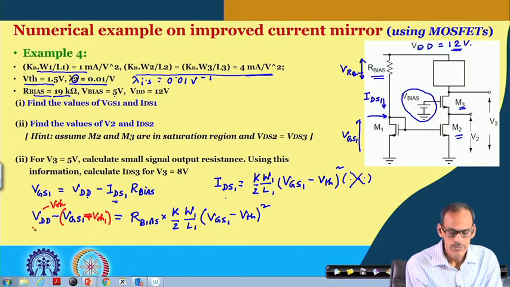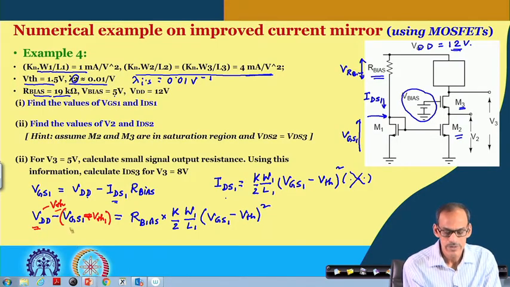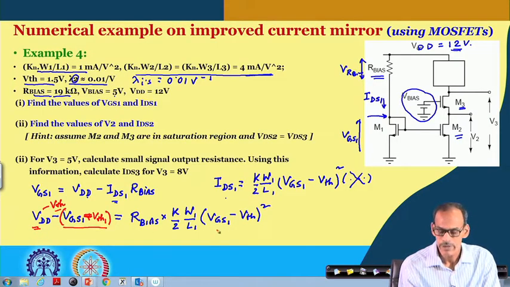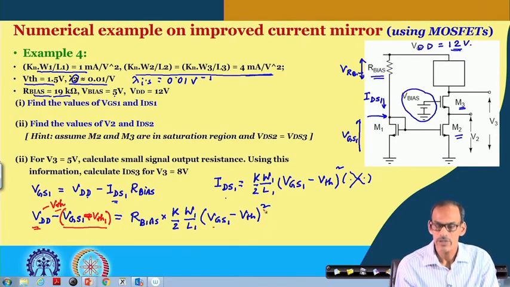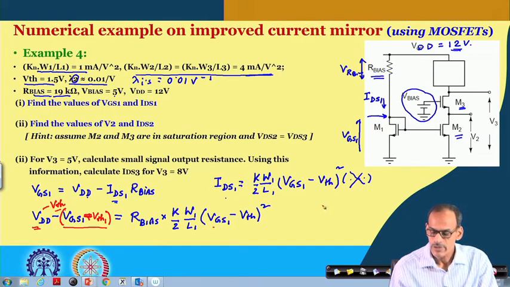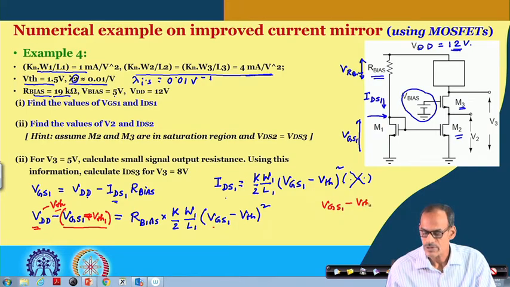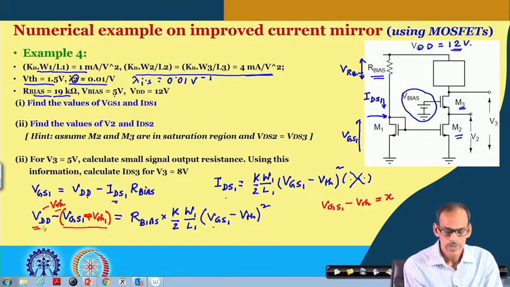So, we have VDD minus VTH equals this part, and VGS minus VTH is also appearing in the second order form. So, if I consider VGS1 minus VTH equals, say, x, then we can rewrite this VDD minus VTH.